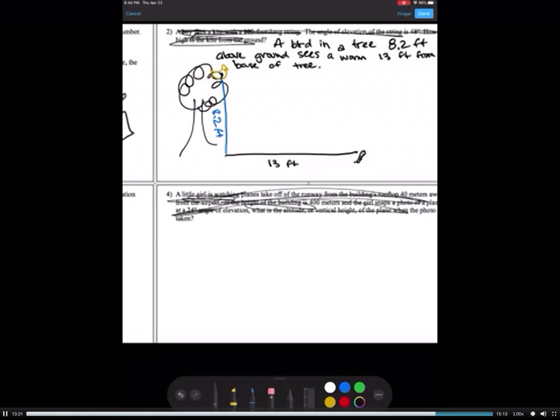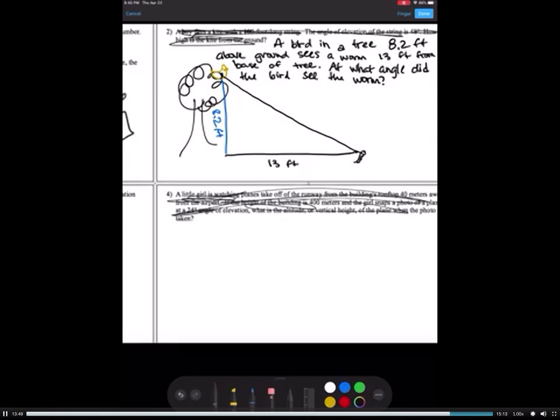Our question is, at what angle did the bird see the worm? What angle was his head at to be able to see that worm? So the angle that he had to look down, at what angle did the bird see the worm?